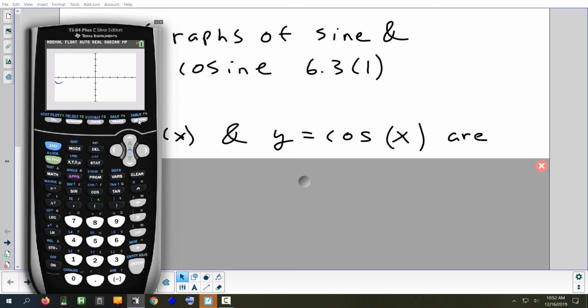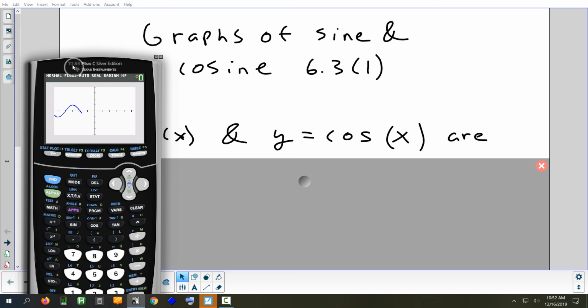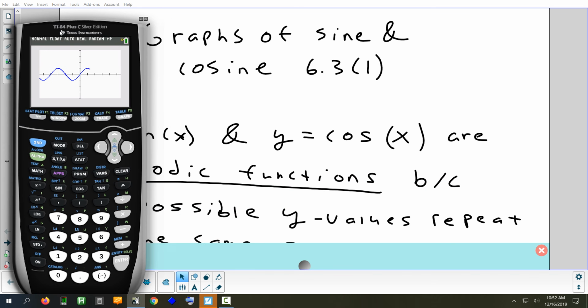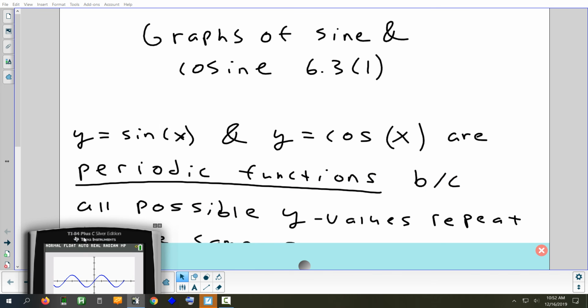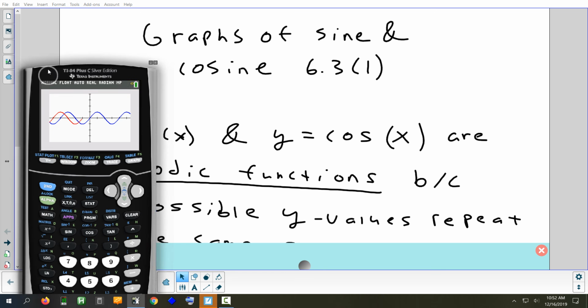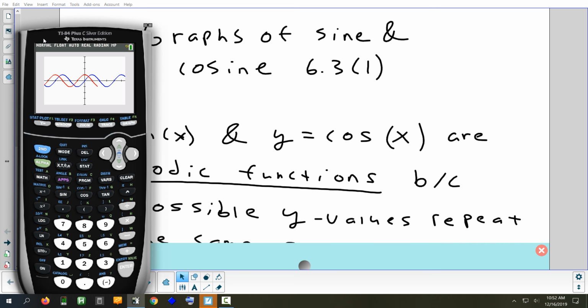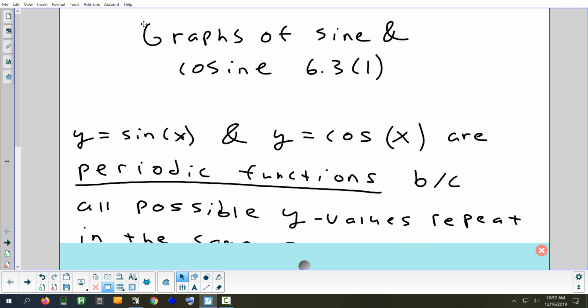All right. Now, because these graphs keep repeating themselves, they're called periodic functions. Basically, what a periodic function is, it's a function that repeats itself after a certain amount of time.